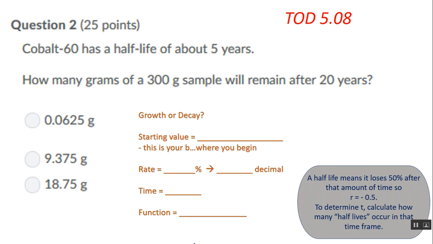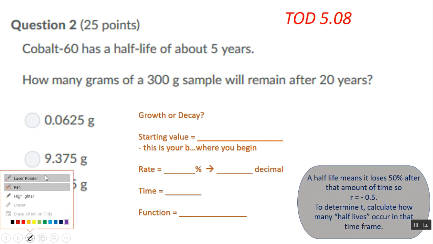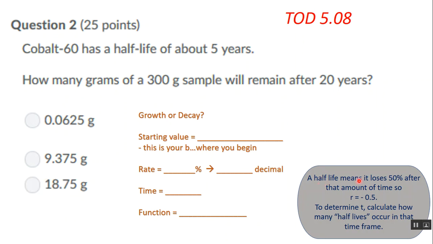For question number 2 on Ticket Out the Door 5.08, we're talking about half-life. Half-life, if we look down here, means that it loses 50% after the amount of time. So R is negative 0.50.